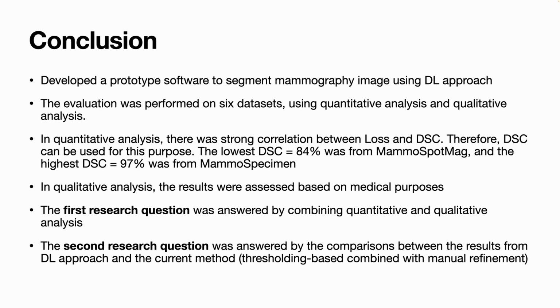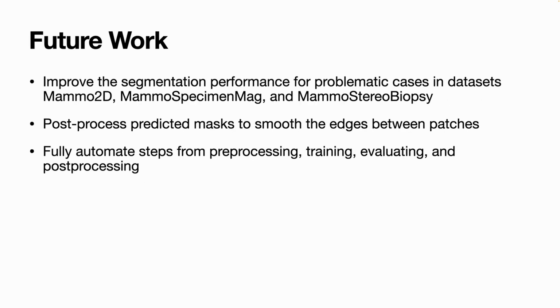So the first research question was answered by combining the quantitative and qualitative analysis, and the second research question was answered by the comparison between the results from the deep learning approach and the current method. I think that's it for today.